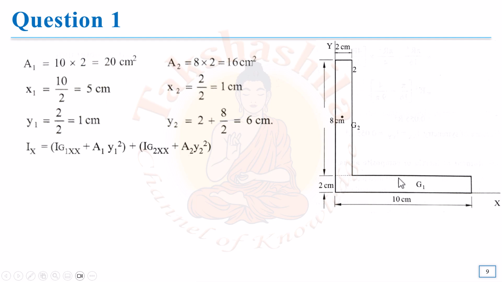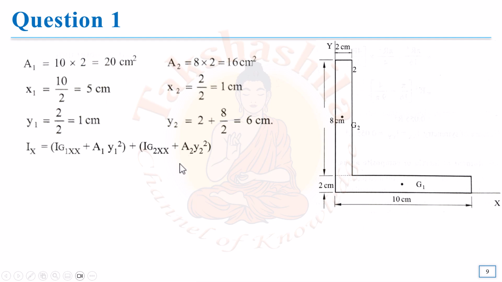It will have contributions from this first figure as well as the second figure. If you consider the centroidal x-axis of the first figure, we can calculate the moment of inertia of this figure about that axis, and that will contribute to the final moment of inertia about the main x-axis. Similarly, we will have a contribution from the centroidal x-axis of my second figure also, and we will see how to work it out.